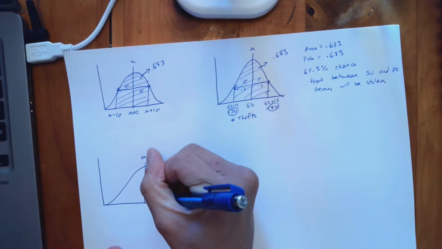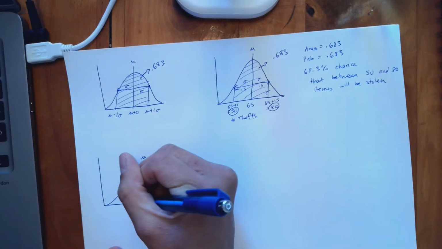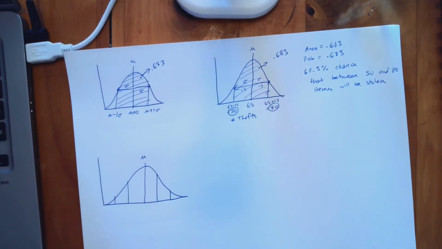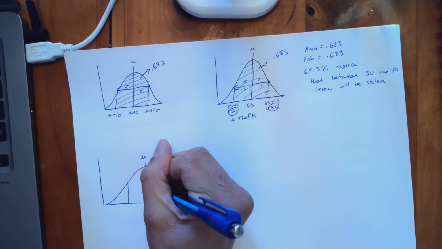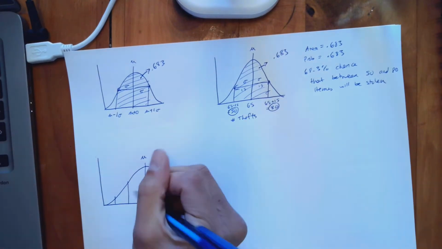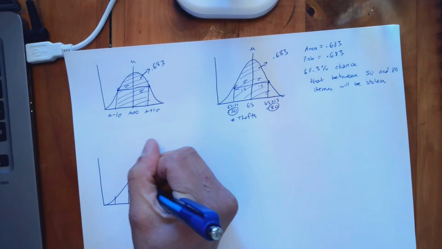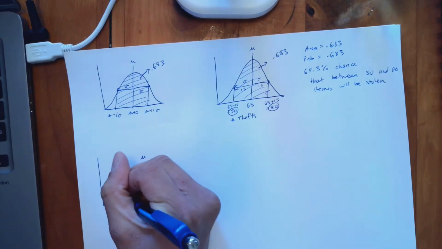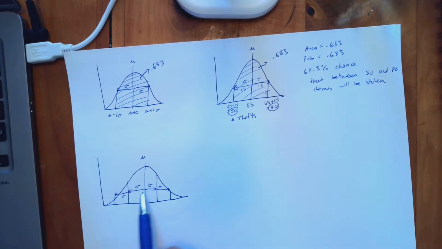All right, so here I'm going to draw outlines for 2 standard deviations going in either direction. So I'll say this is a 1 standard deviation jump, and this is a 1 standard deviation jump. And I'll do the same thing going in the negative direction. So each of these lines corresponds to a 1 standard deviation jump in either direction.